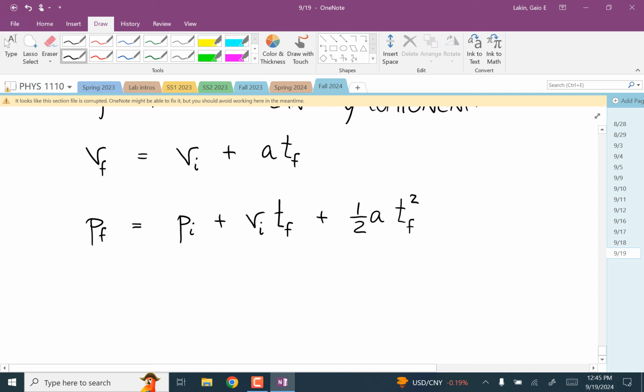And then the last one says 2a times the quantity PF minus PI is equal to VF squared minus VI squared.